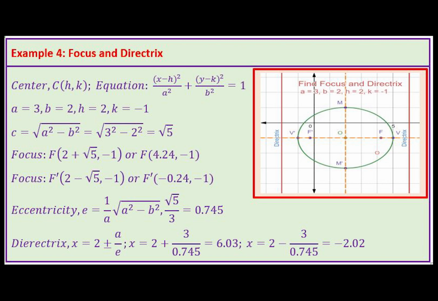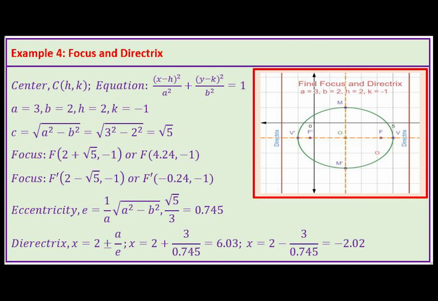Eccentricity can be calculated as 1 over a times square root of a square minus b square. Since square root of a square minus b square is c, we can divide square root 5 by 3 to get the value of eccentricity as 0.745.